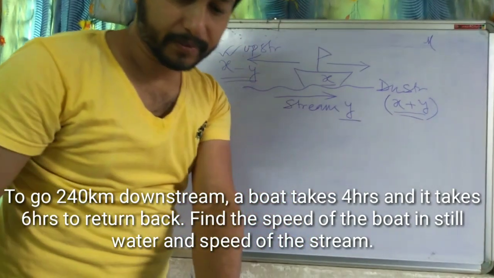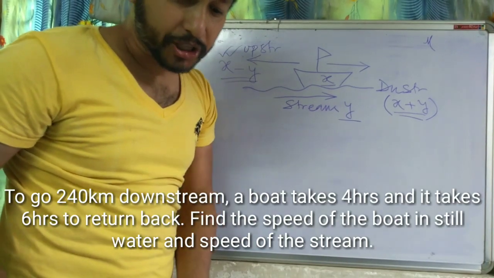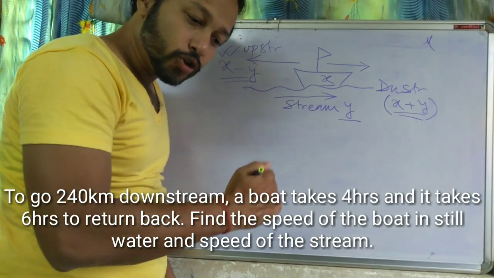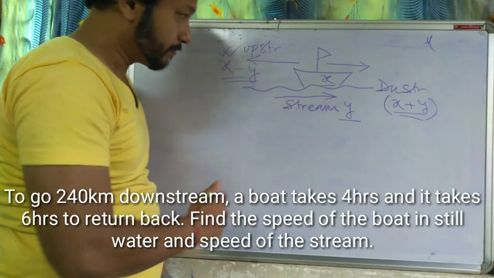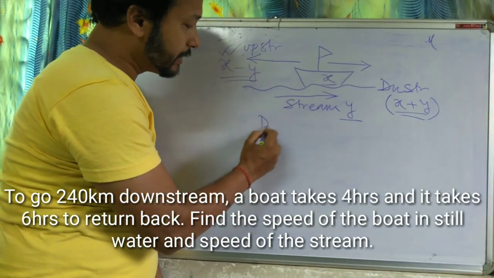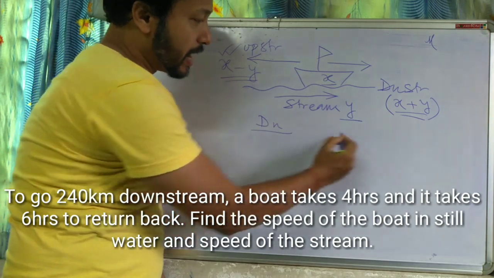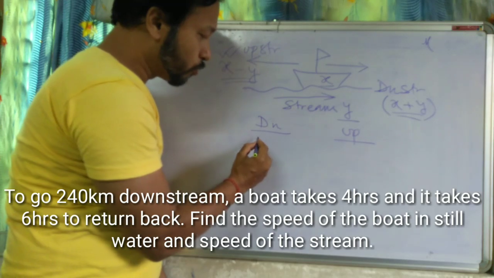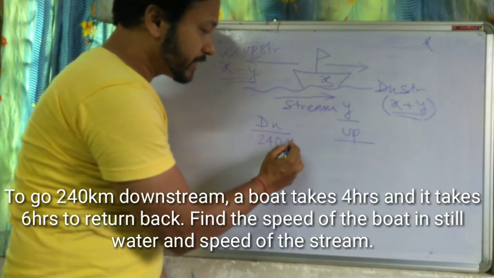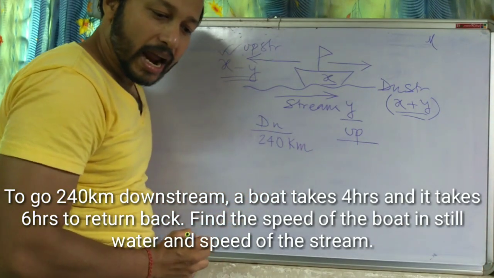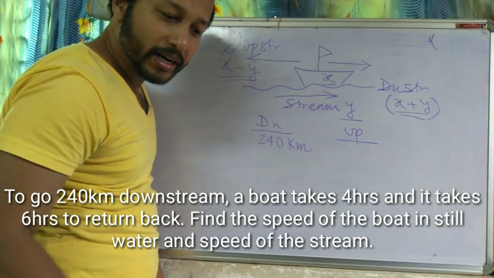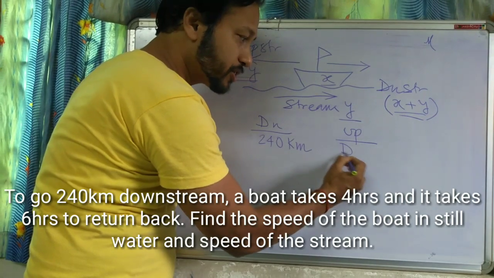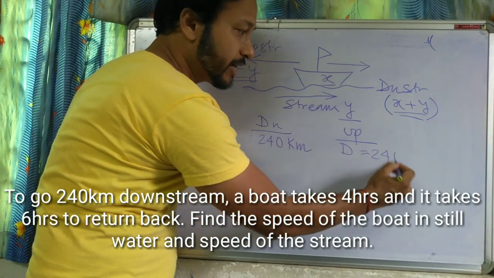First of all, in this question, you are going 240 km downstream, and this is upstream. In downstream you are going 240 km, and again you are getting back. That is, in upstream also the distance is 240 km.